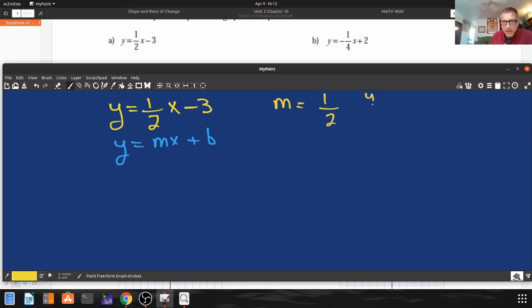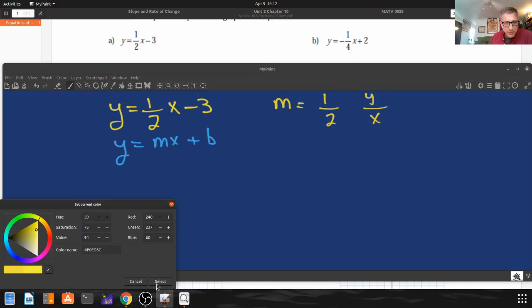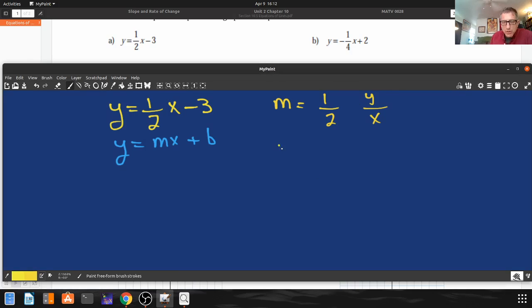And remember, that's y over x. Just kind of remember that. My y-intercept is a point. Always remember it's a point. It's equal to 0, b, but my b is -3.